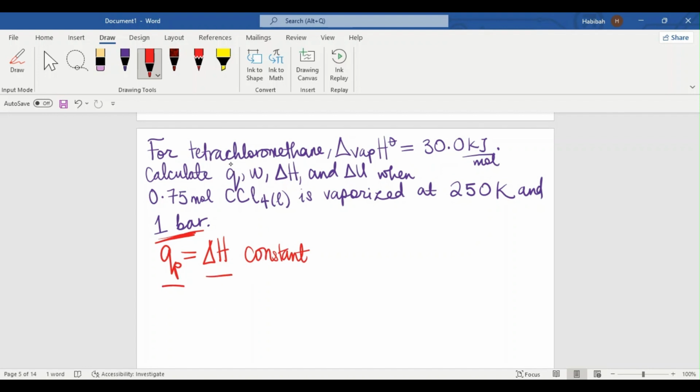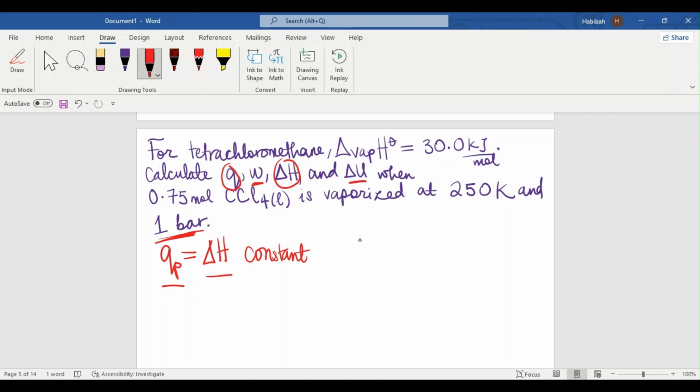So what I'm trying to say is, when we find heat or we find enthalpy, we can simply know that finding one would equal the other. Now, we're also told to find out work as well as change in internal energy.